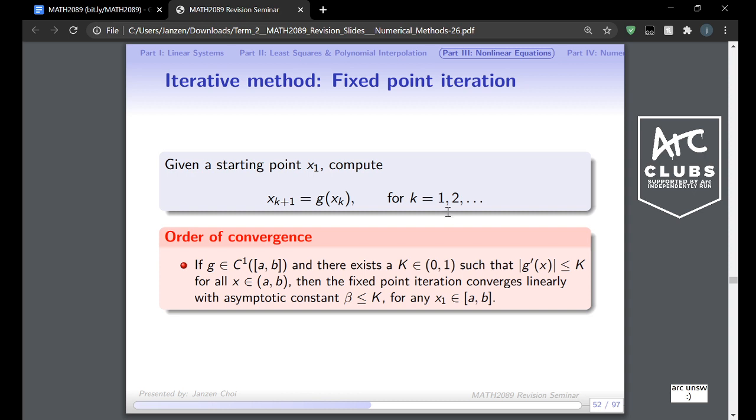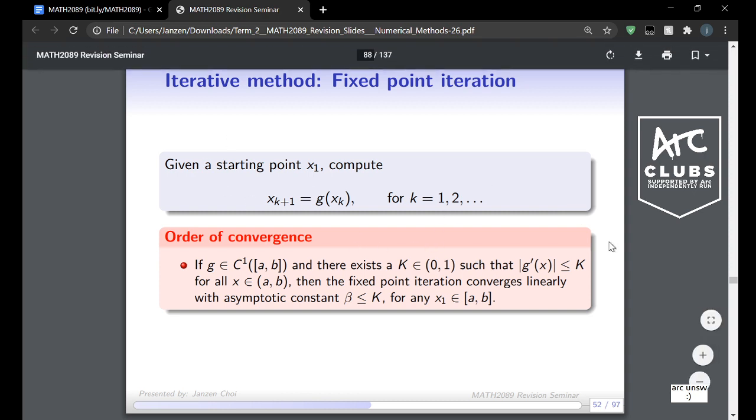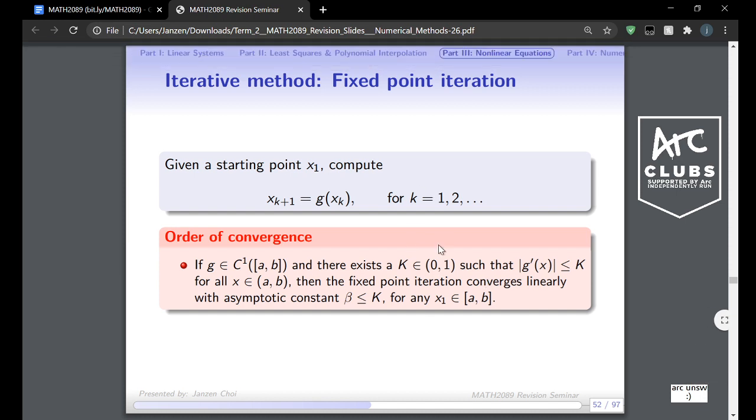So this method involves rearranging the equation. Whichever nonlinear equation we get, we rearrange it such that a single x variable is on the left of the expression and the rest of the equation is on the right.